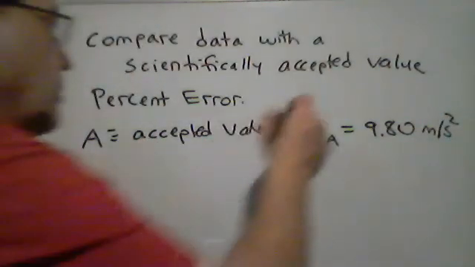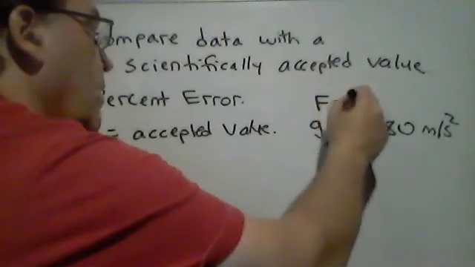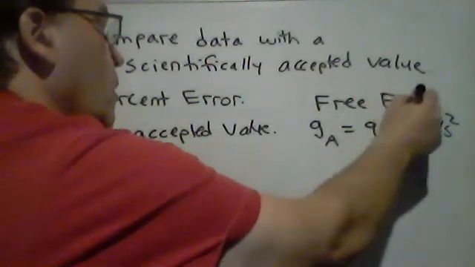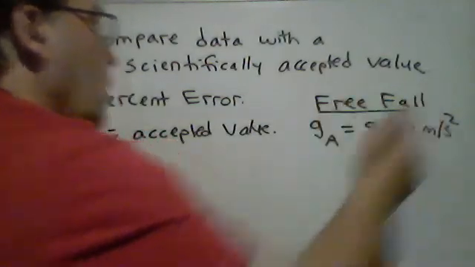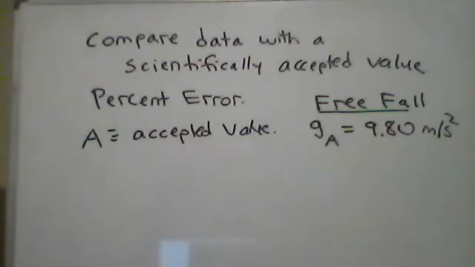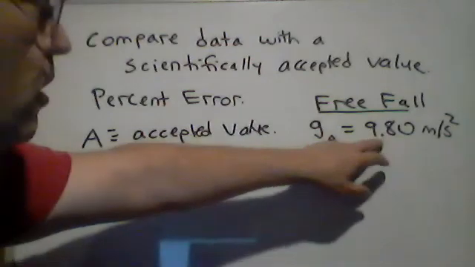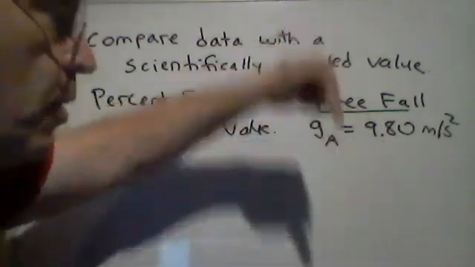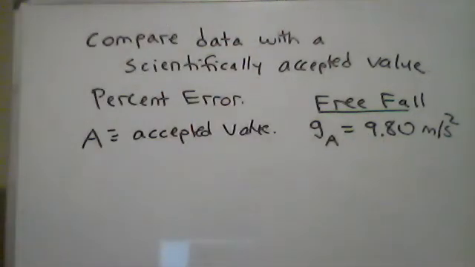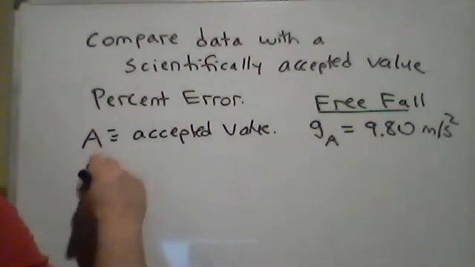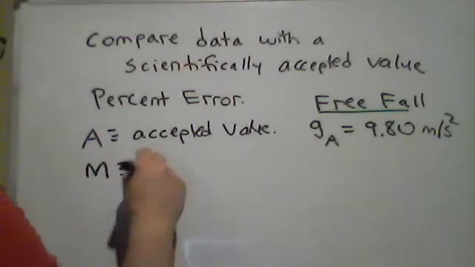I go to my lab. Now, again, I'm just going to say, as an example, I'm going to talk about free fall. I know that the value we use in our book for the acceleration of gravity, how bodies accelerate to the earth, is 9.80. Now, let's say you go to the lab and you do a measured value, say M, measured value.